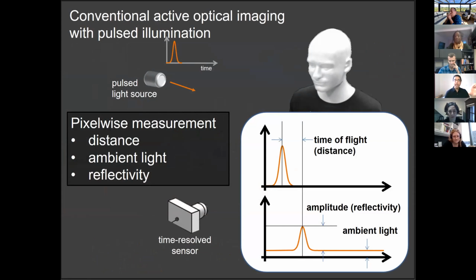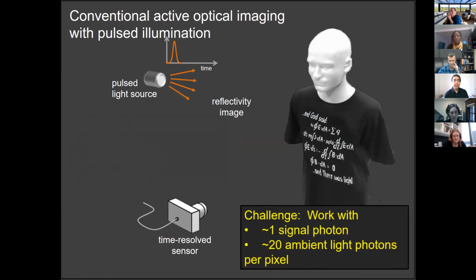So in a direct time-of-flight LiDAR system, laser pulses are directed towards a scene, and you can infer the distance of a scene patch and the reflectivity of that scene patch from a received signal. I showed you that the ordinary digital camera was operating at around 1 million photons per pixel. The kind of challenge that we like to look at is, what if you're only detecting around 1 signal photon per pixel?